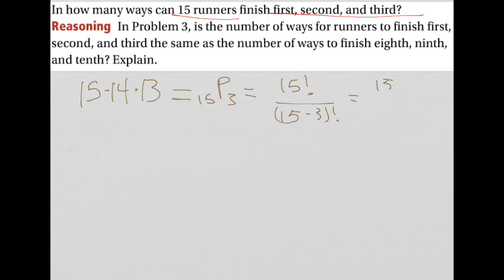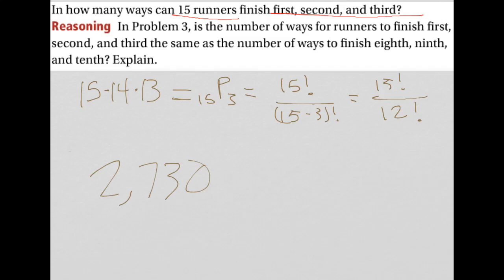So we've got 15 factorial over 12 factorial, and I should probably get this number. 2,730 different possible combinations for that.